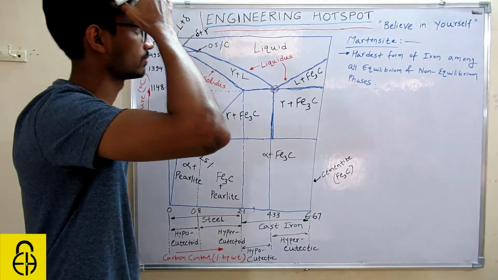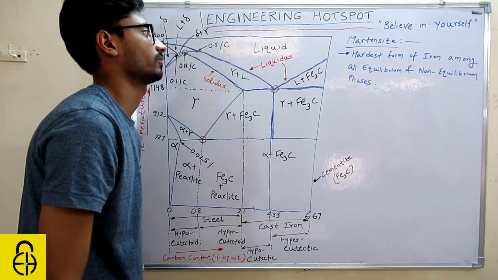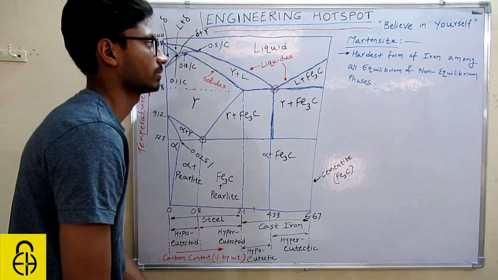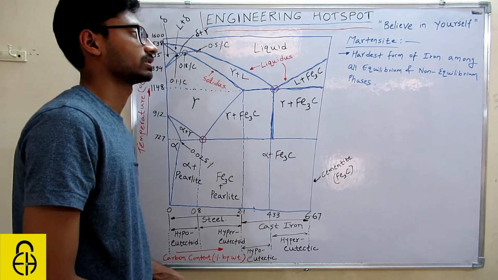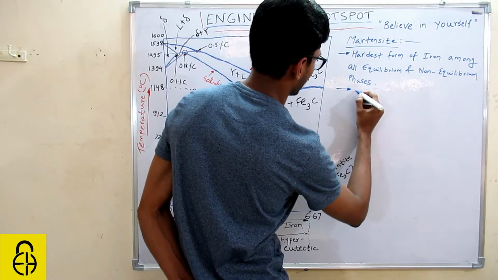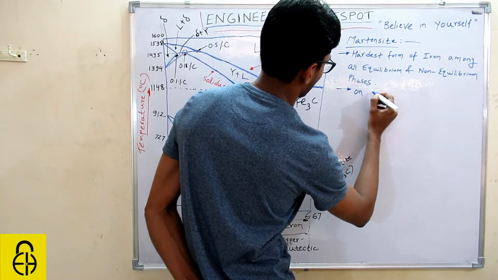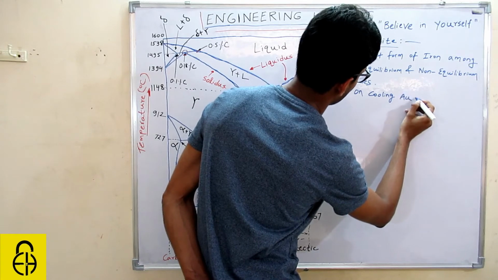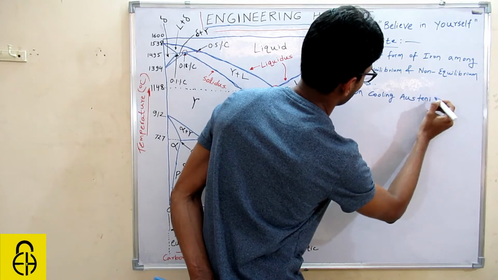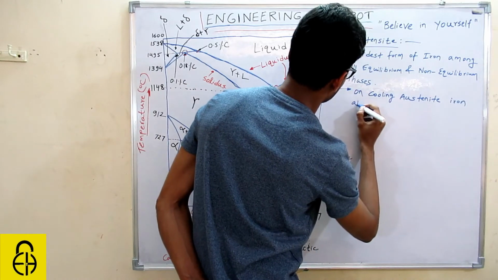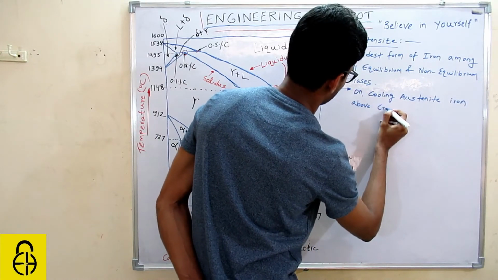Hardest form of iron among all the equilibrium and non-equilibrium phases. This is the martensite, okay? Martensite is not formed just by itself. Martensite is formed when you are cooling austenite iron above the critical cooling rate.